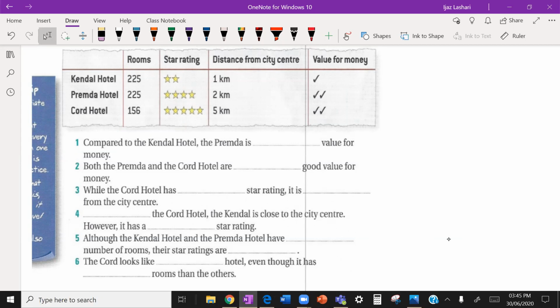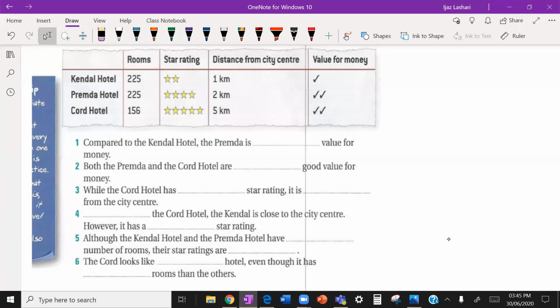The distance is also double from the Kendall Hotel, and the money is also double, sir, twice of that. And the third hotel has fewer rooms, but a high star rating, but the distance from the city is much farther, that is 5 kilometers, and the value for money is the same as Premida Hotel.